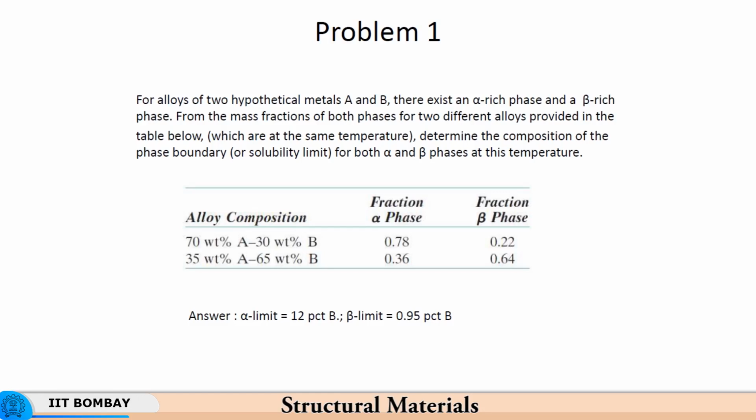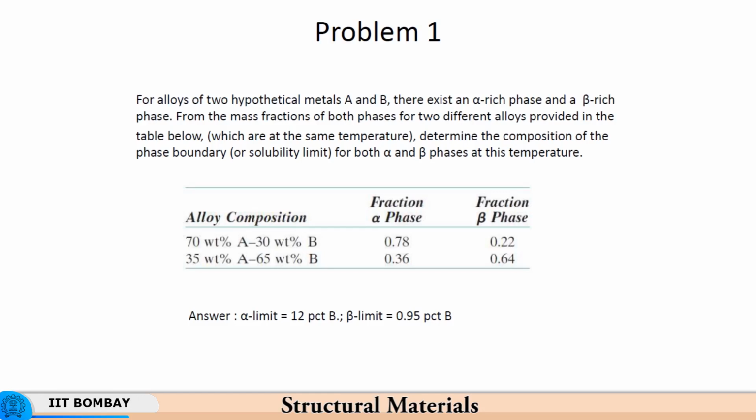Now there is one alloy which has 70% of A by weight and 30% by weight of B, and the fraction of alpha phase at a given temperature is 78%, the beta phase fraction is 22%. That is for one alloy.